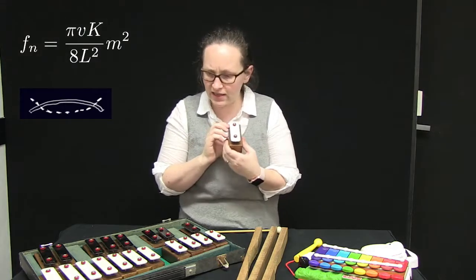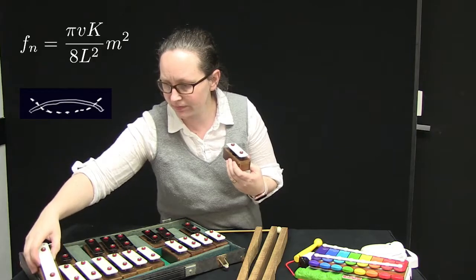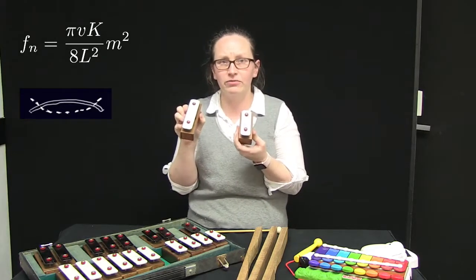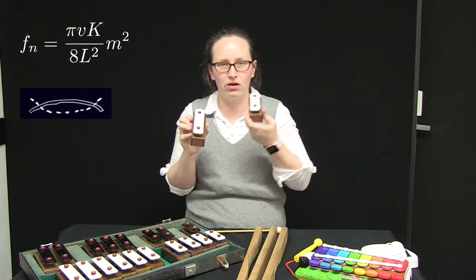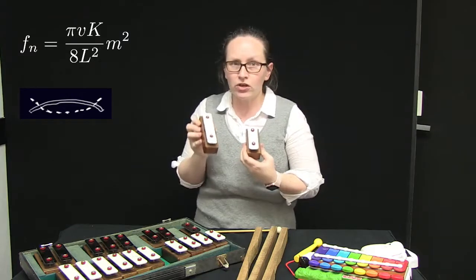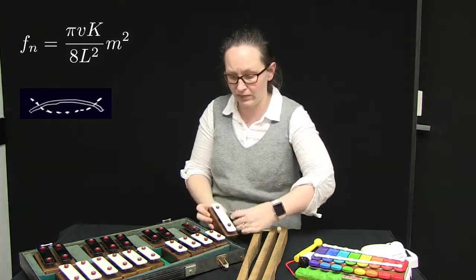So this is one of the C's on the Glockenspiel, and the other C is here. So these are 1 octave apart, which means that the frequency of this one is double the frequency of this one. So we can just use this to check our formula a little bit.